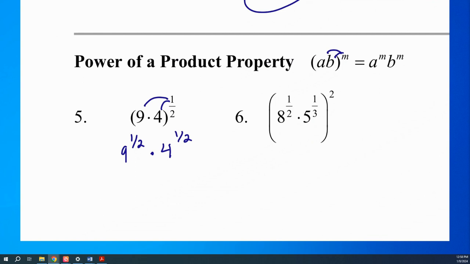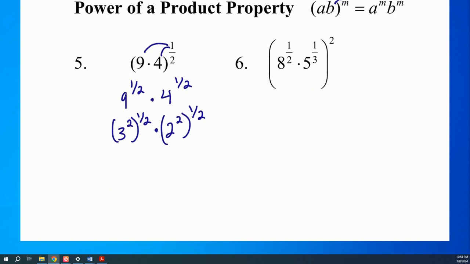How could I rewrite 9 as something to a power? 3 squared. And how could I rewrite 4? 2 squared.